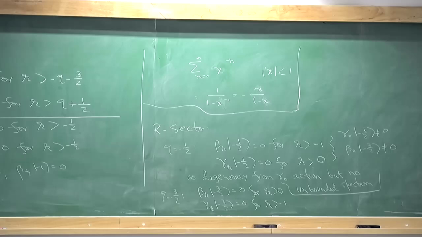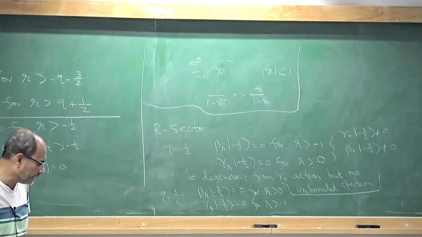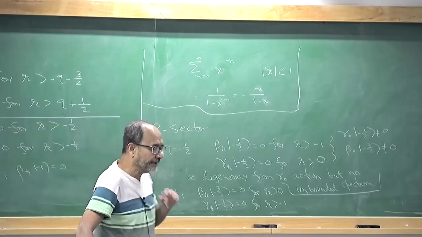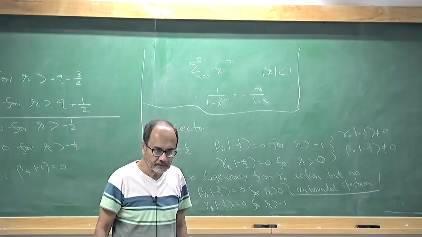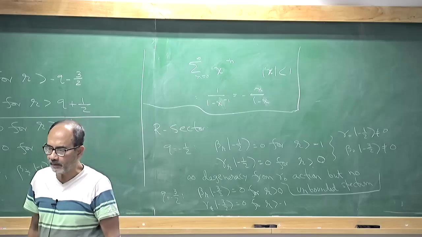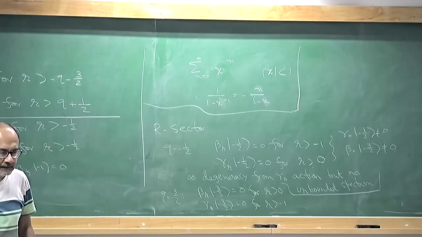Is this clear? In one sector you have to work in picture number minus half or minus 3 half, but as I said, you don't have to if you are willing to do this analytic continuation. These are the canonical picture numbers that one uses.